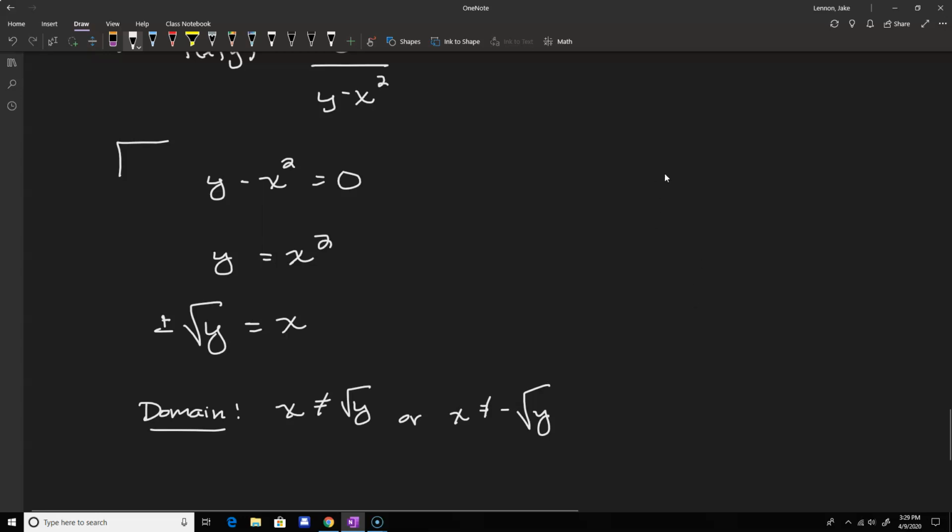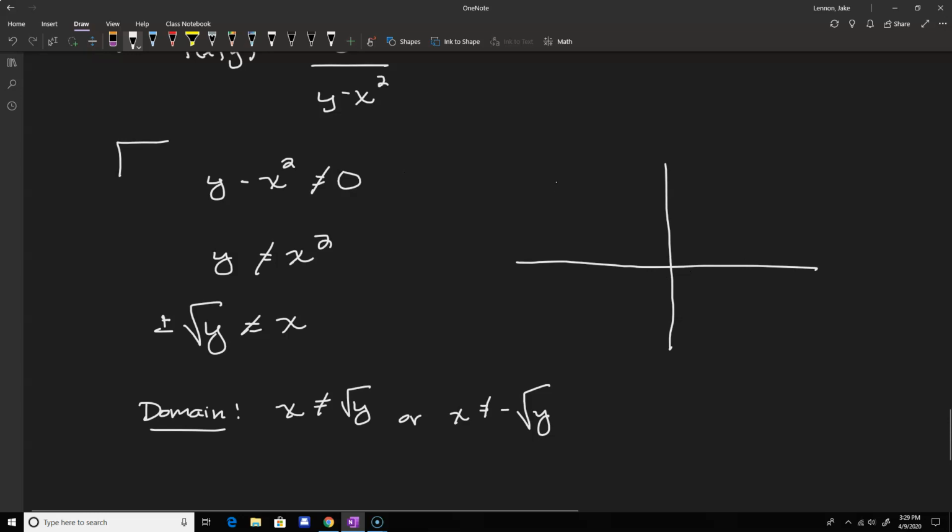So if we think about that, maybe it's easier just to go back here, since this is a function, and basically say y cannot equal x squared. This may be easier to think about looking up here.